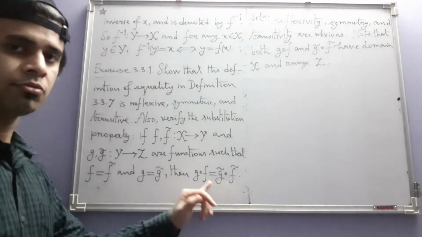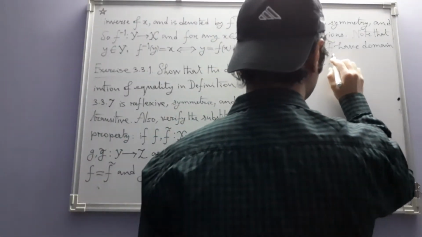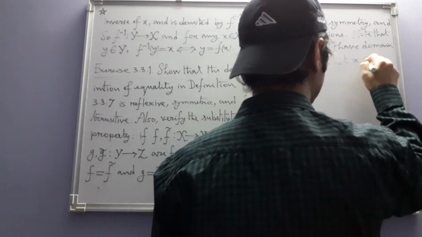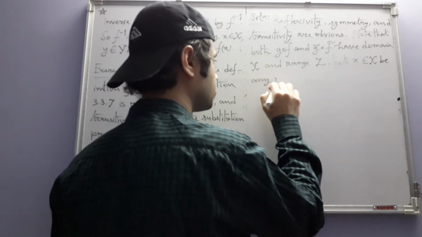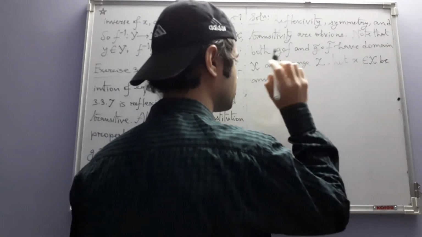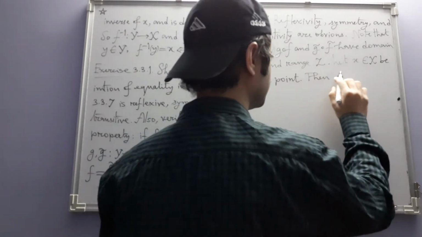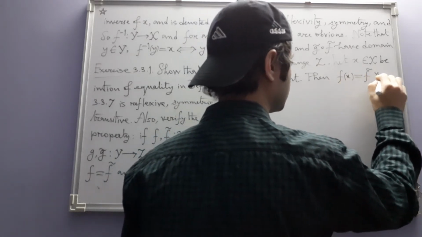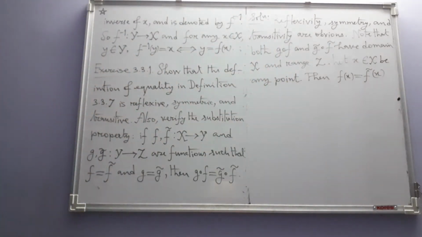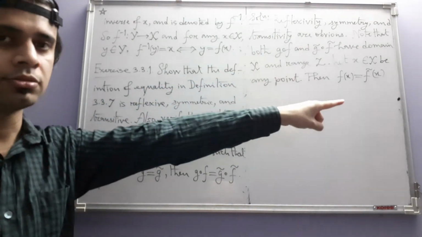Then we calculate the values of the functions at a common point in the domain. Let x belonging to X be any point. Then Fx is equal to F tilde x. Why? Because it is given that these two functions are equal and both of them have domain X. So at any point in the domain, their values will be equal.